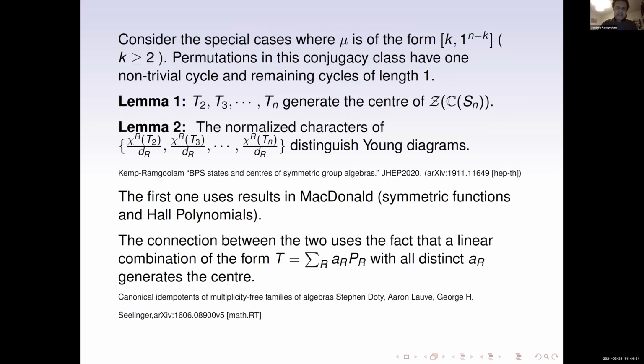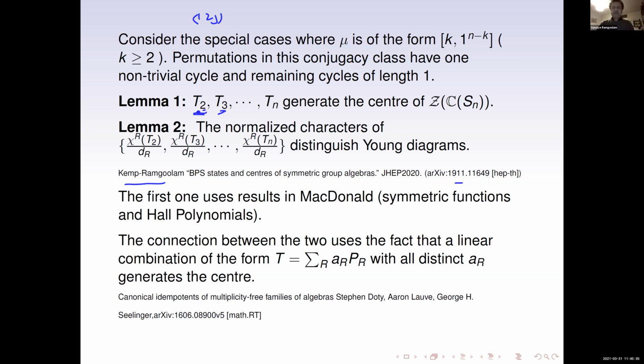Then there's a recent paper from a couple of years ago with Gareth Kemp, where we show two related things. If you take the conjugacy classes of the form where you have just one non-trivial cycle, partitions with one cycle of length k, where k is 2 or bigger, and the remaining cycles of length 1, so essentially cyclic permutations, you sum the permutations in T2, just one swap, then the permutations of type (1 2 3), summing over everything in that conjugacy class.